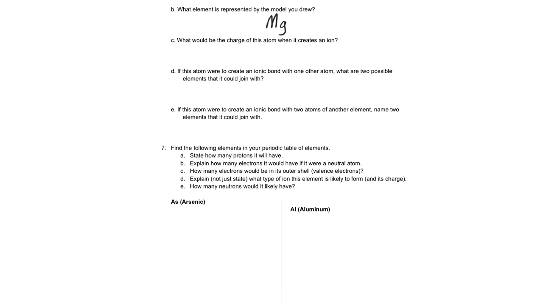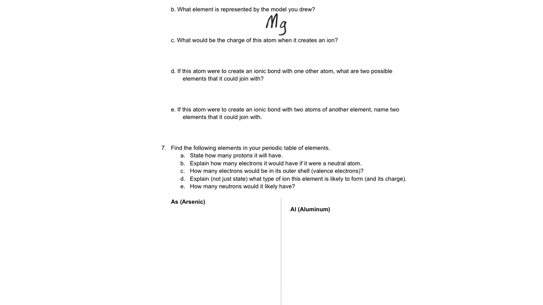What would be the charge of this atom when it creates an ion? So that's what is it trying to become, right? Now remember, magnesium had 2 valence electrons, so it will get rid of those because that's easier than trying to fill up with 8 of them.